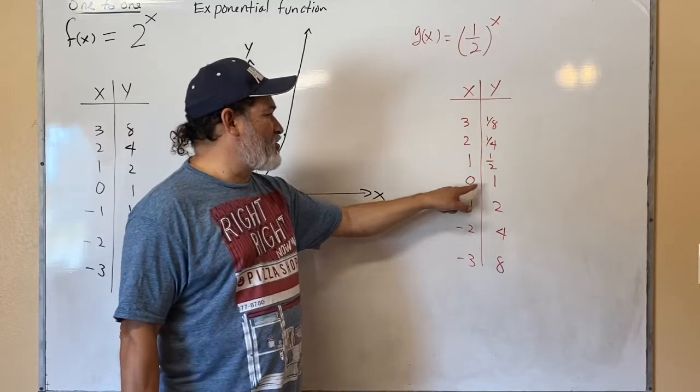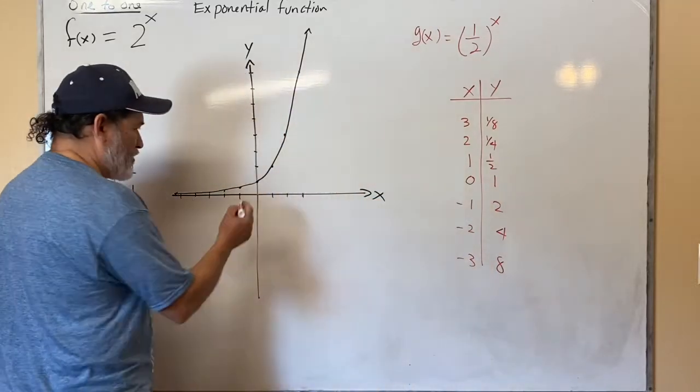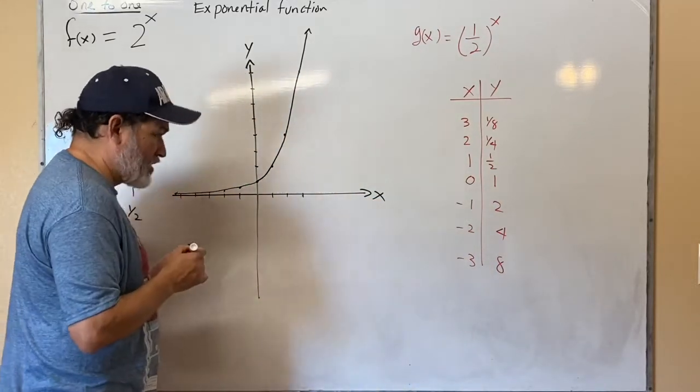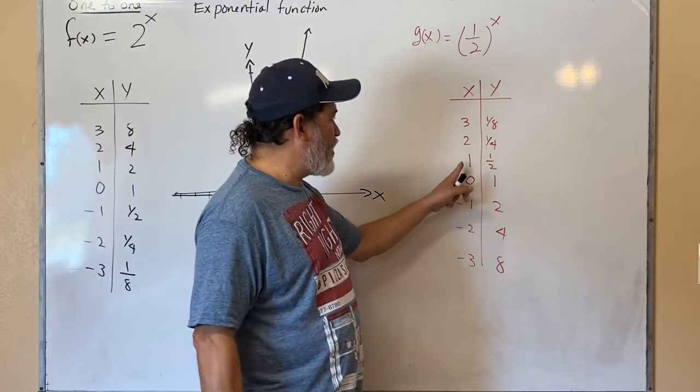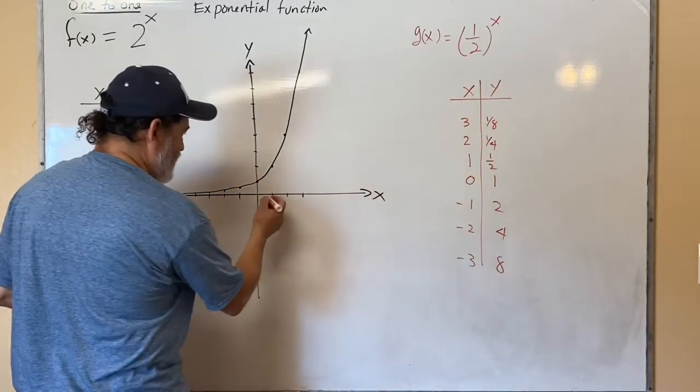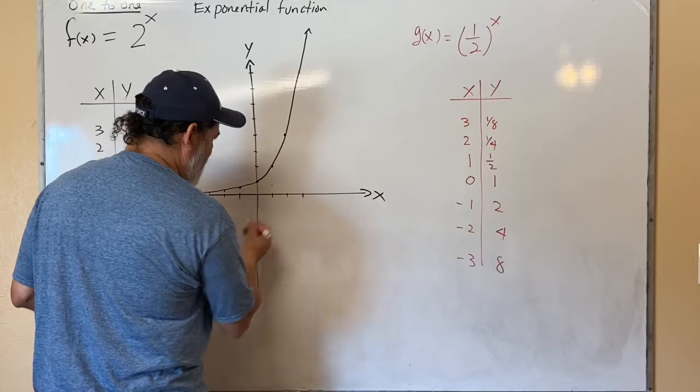If x is 0, we get 1, right there. If x is 1, we get half, there.